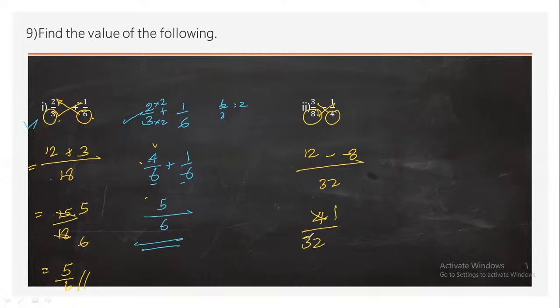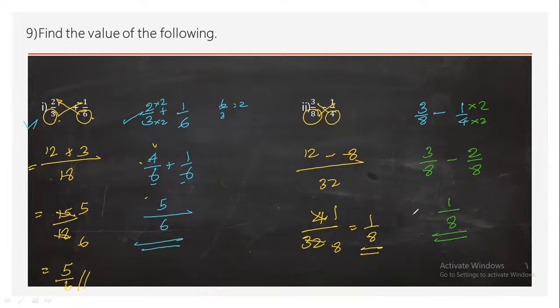Then how many fours in 4, how many fours in 32? Right? 1 over 8.